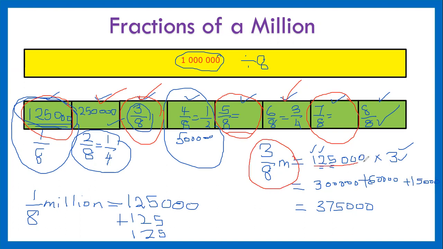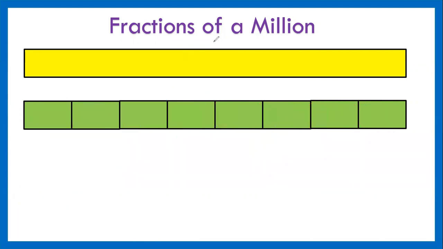So instead of taking 125,000 times 3, 5 over 8 will be 125,000 times 5. 7 over 8 would be 125,000 times 7. So once you know 1 over 8 is 125,000, you can calculate 2 over 8 or 3 over 8 or whatever over 8. Okay, clear?